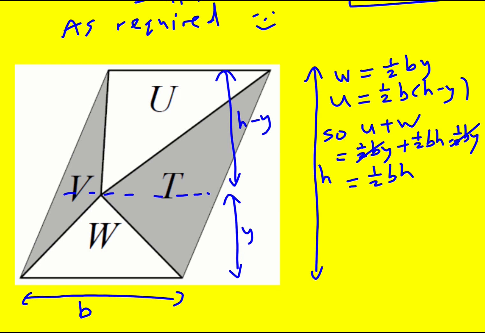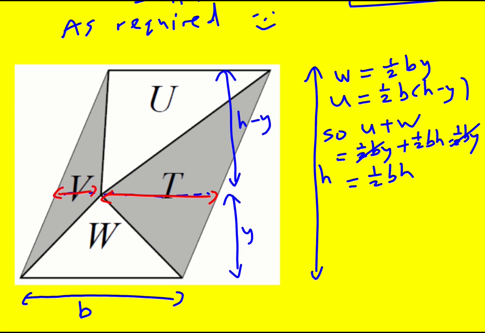Right, V and T, a little bit trickier. So let's take a little look. It's less obvious to use the base, like some of these here. So actually, what we can do is focus on this length and this length.